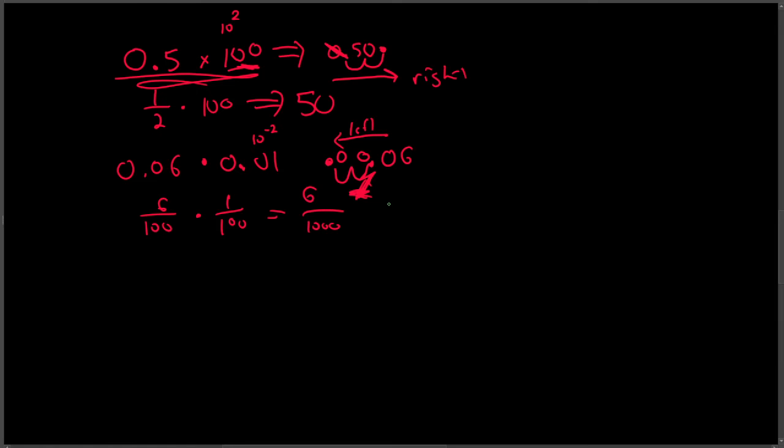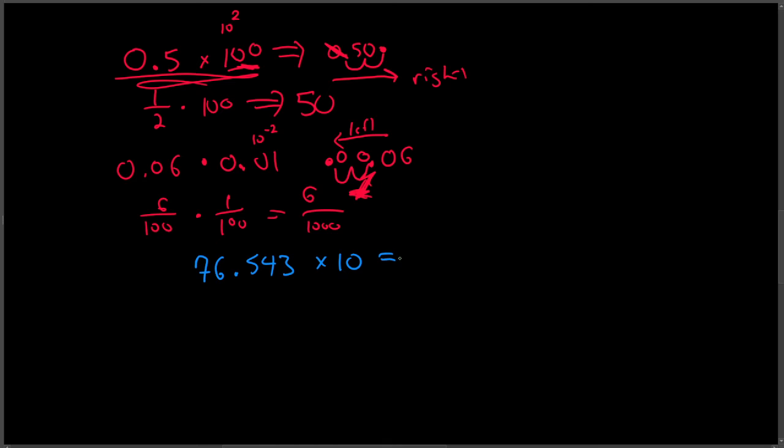Let's do a couple more of these where we'll use powers of 10. So let's look at large number multiplication. If I multiply this by 10, that means I'm going to move the decimal place 1 to the right.